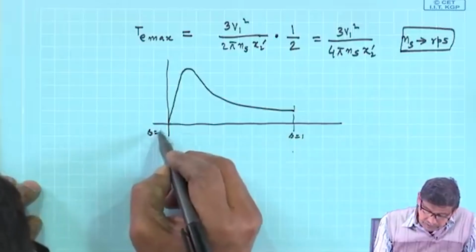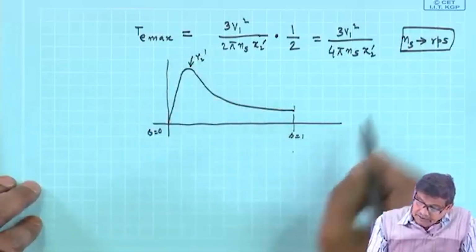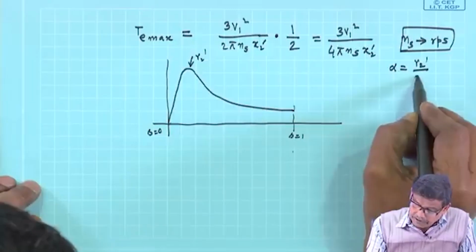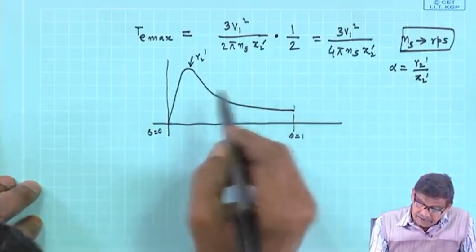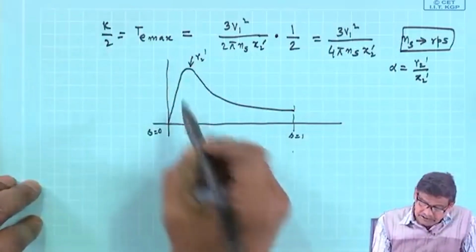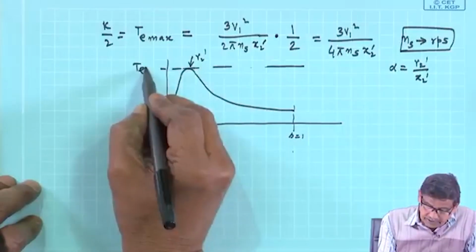S equal to 0, this is with R2 dashed. Similarly, the slip at which maximum torque occurs is R2 dashed by X2 dashed, and T max is K by 2, which is this level, it will remain the same T max.